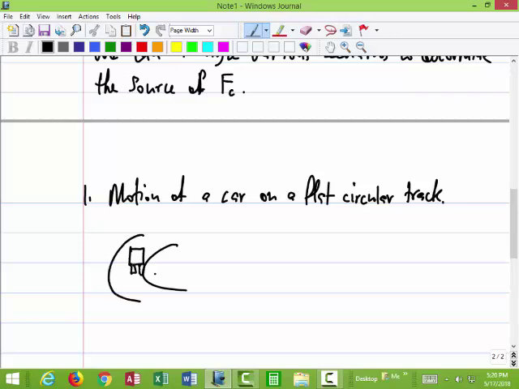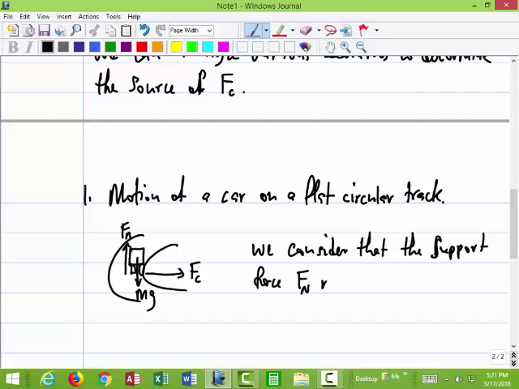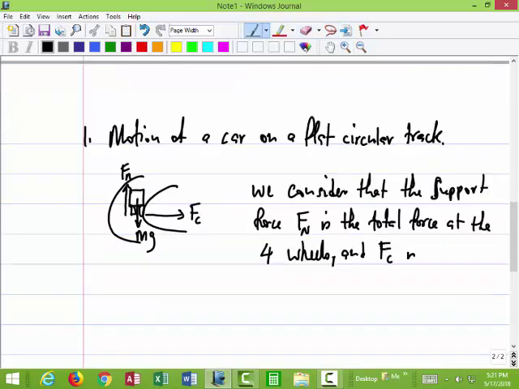The force pointing to the center is the centripetal force. The vehicle, of course, has weight mg pointing down and support force F subscript n. We consider that the support force F subscript n is the total force from the four wheels.